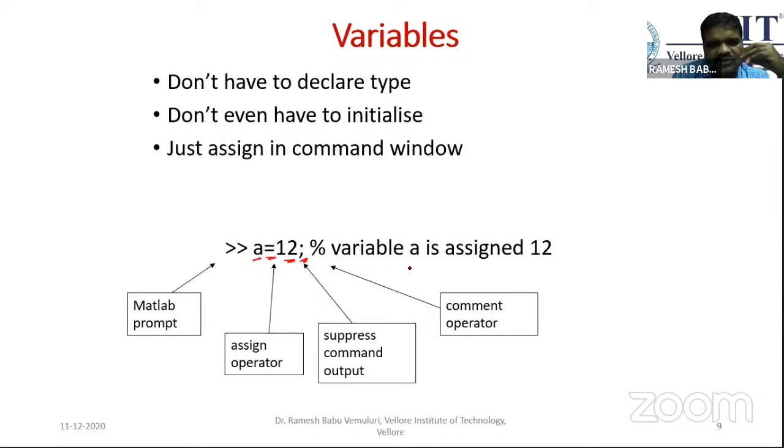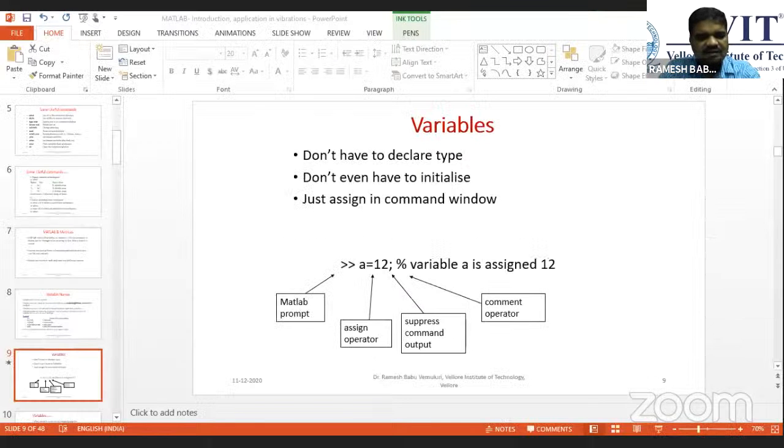So A equal to 12 means A is allocated the number 12, and the semicolon will stop its results. Otherwise we would see A equal to 12. The same thing, you put 12 and then a semicolon, there is no output.